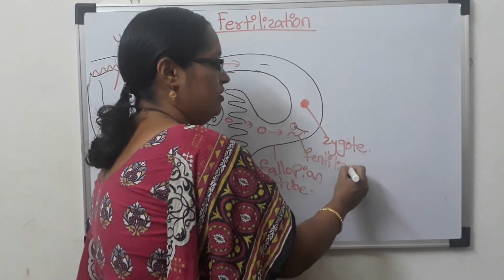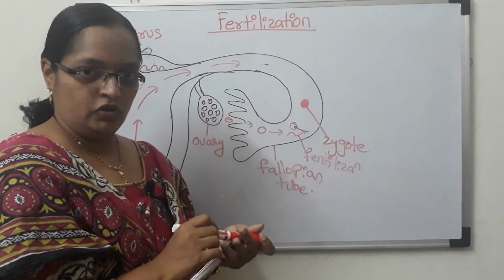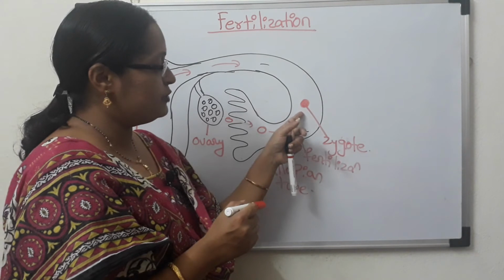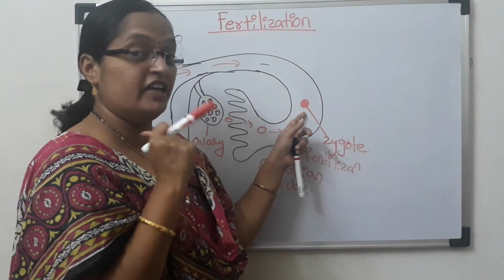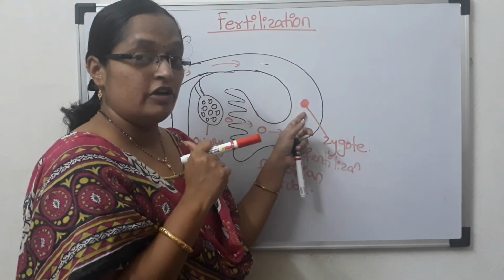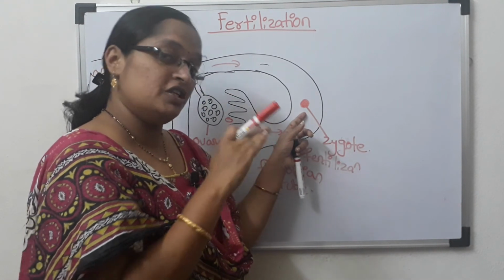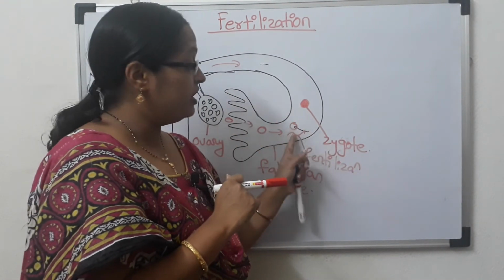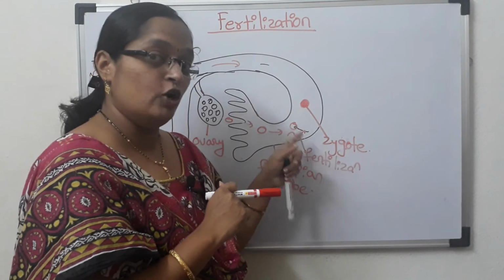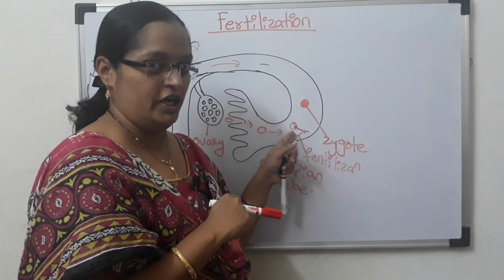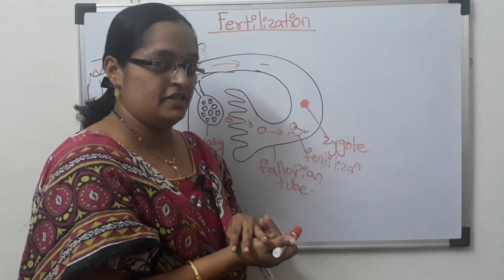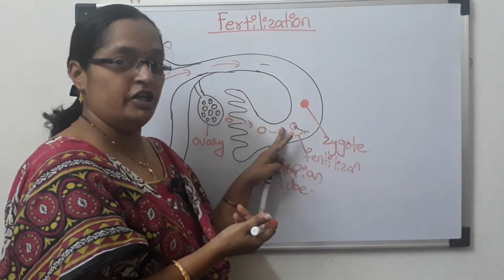After fertilization, what is produced? Zygote. Where does the fertilization take place? Zygote is produced in the fallopian tube, and fertilization also takes place in the fallopian tube. That is very important.